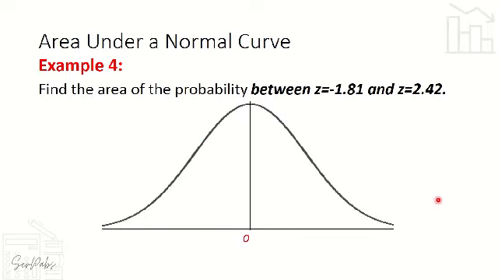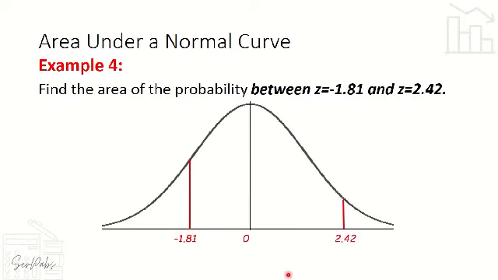Example number 4, find the area between z is equal to negative 1.81 and z is equal to 2.42. So again, ang unang gagawin, ilocate natin yung ating z-score. So ilocate natin ang negative 1.81, yan ay nasa kaliwa ng ating mean.